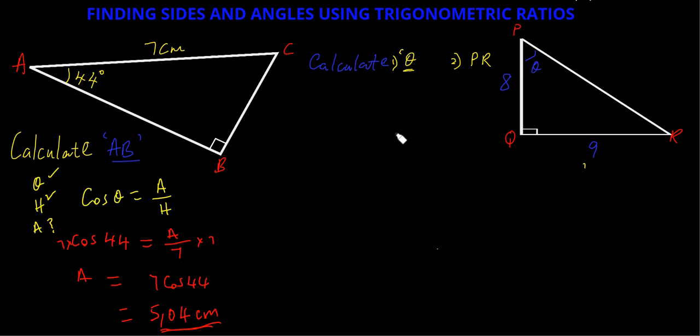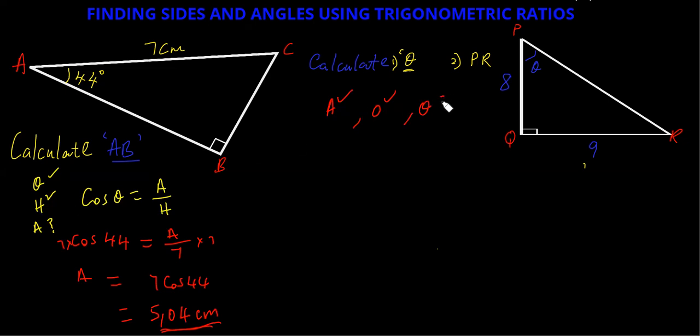Now let's look at this one here. What were we given? We're given two sides here, and when we're given two sides, what must we do? We're looking for theta here, and now we're looking at what is given to me here. I'm given adjacent side. I'm also given the opposite side. What is being looked for here is our theta.